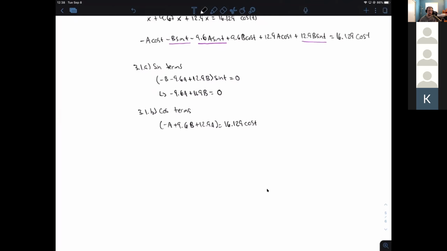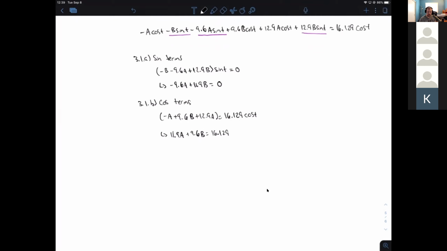All right, and then if I divide through by cosine of t, we'll get 11.9a plus 9.6b equals 16.129. So we divided through by cosine of t. That's going to go on the right-hand side, so cosine of t is going to go to 1.